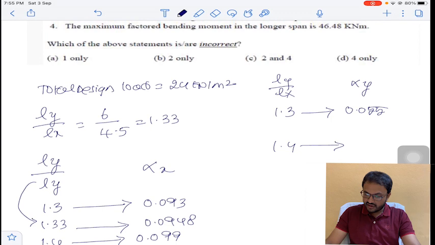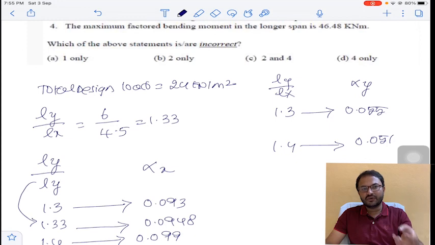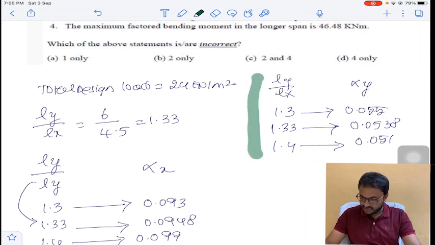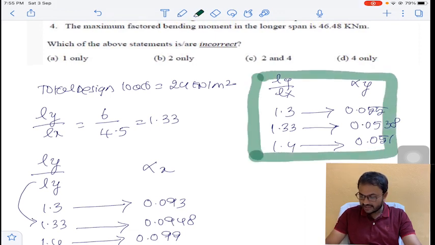Corresponding to 1.4, alpha y is 0.051. Now we need the value of alpha y corresponding to 1.33 value of Ly by Lx, and we got 0.0538. So here you need to observe this entire data you will get from Indian Standard 456 code.